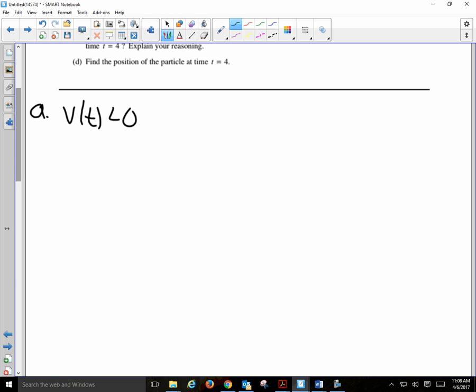This is a no calculator problem. So therefore, if I want to look at where it's negative, I'm going to look at where the graph is below the x-axis, okay? So I need to graph cosine. What's the maximum value? What's the minimum value? How do I figure out the period? What's b?